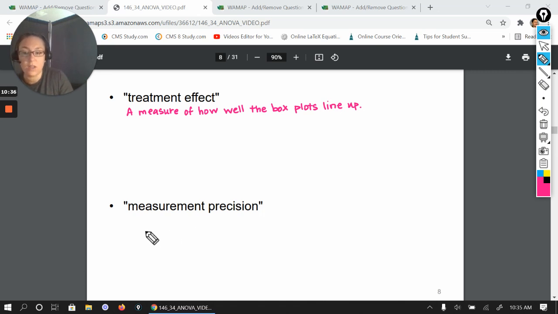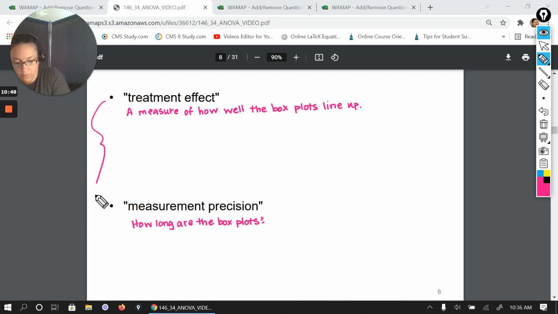This means how long are the box plots. So both of these together form our test statistic, which is F. So we take the treatment divided by the precision, and this equals the test statistic.